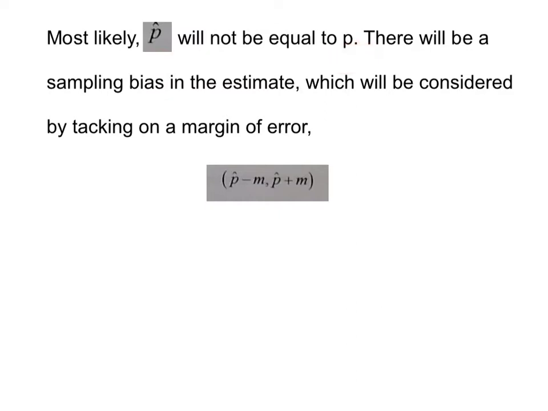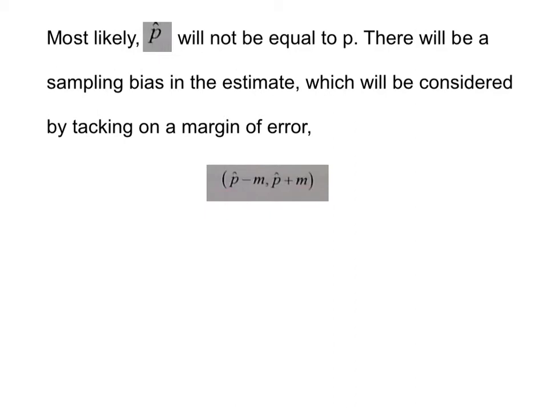There will be a sampling bias in the estimate, which we will consider by tacking on a margin of error. So your confidence interval starts with your P hat from your sample, and then we tack on and take off some error. So you get an upper bound of your confidence interval and a lower bound.